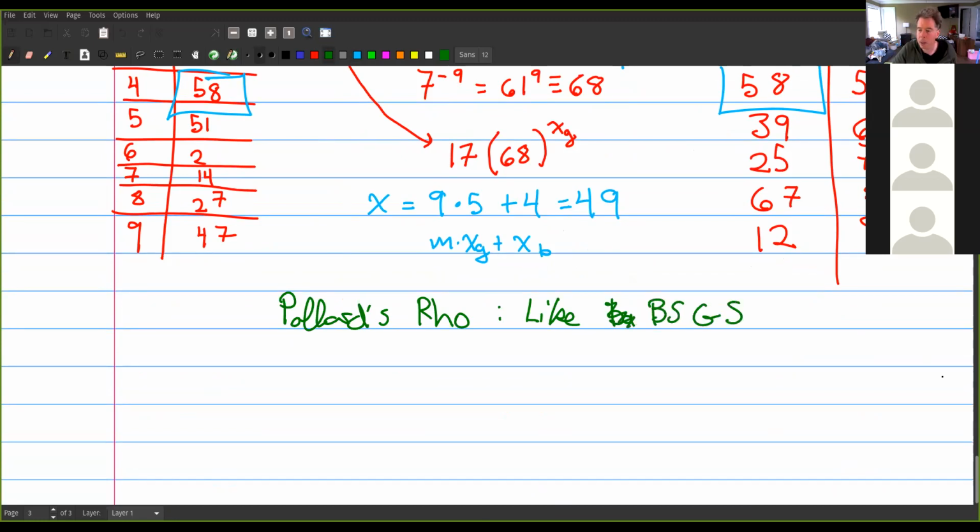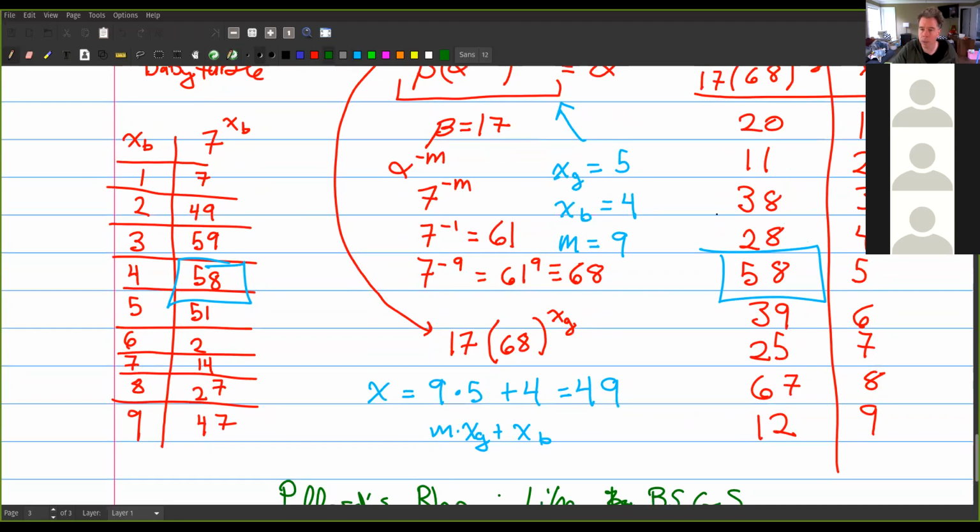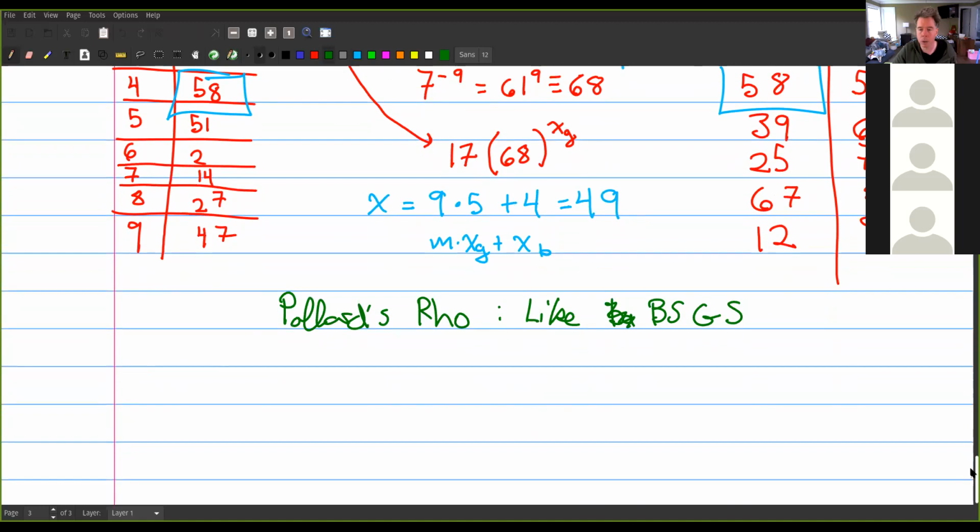For baby step, giant step, you had to store at least this table in memory, which could be large if G is big, but Pollard's rho avoids that. So no big space requirement. Okay, and let's go to the next page.